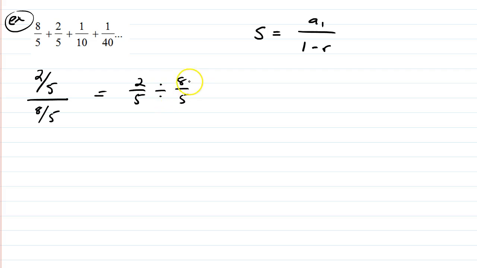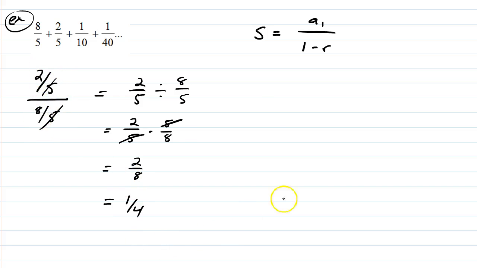And remember, when you divide with fractions, you multiply by the reciprocal. So this would be 2/5 times 5/8. And here the 5s would cancel. And so you'd get 2/8, which would equal 1/4. And you could get the same thing over here if you notice that these would cancel, and you get 2 over 8, which would also equal 1/4.